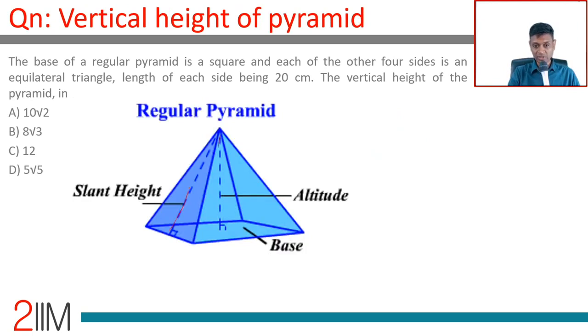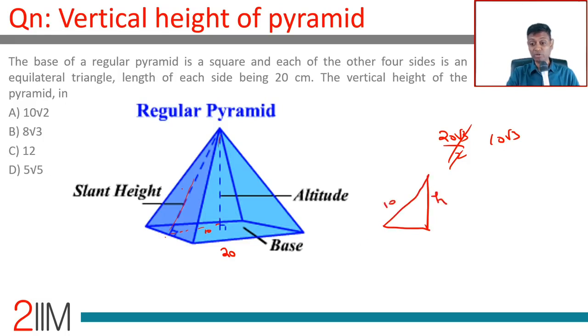We can find this as a slant height. This is 20, so this is 20 root 3 by 2, or 10 root 3. We need this. The base is 10. So we're looking at a right angle triangle where the altitude h is what we need to find.